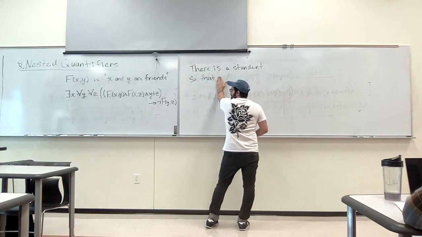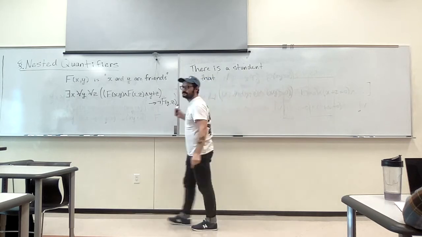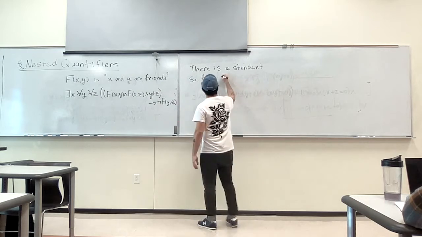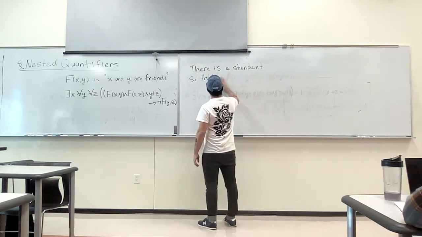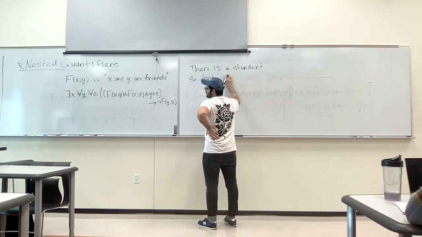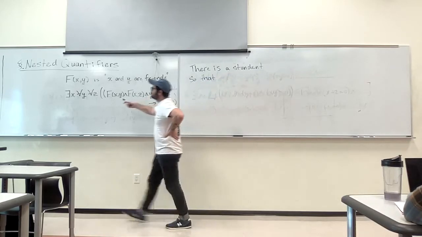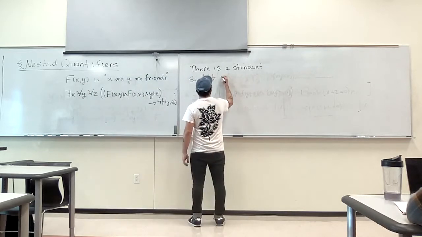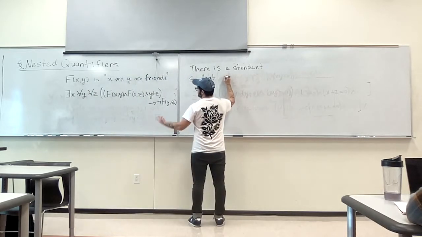So there is a student so that any pair of students who are friends with this one, I'm gonna say pair means like, right, so that any, so. Oh, no, I can get rid of that, I'm overcomplicating. I just have to say there is a student so that any two friends of his are gonna be enemies?